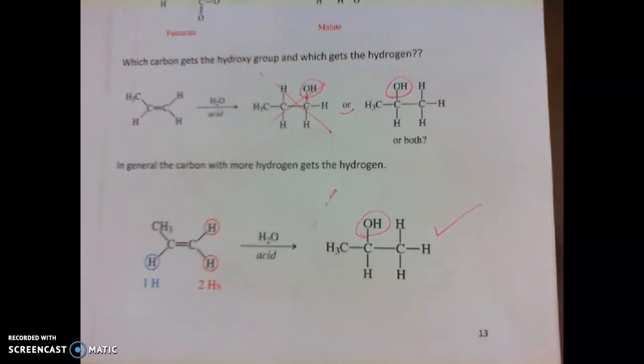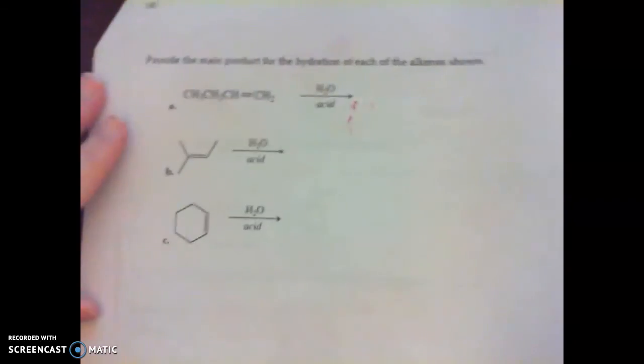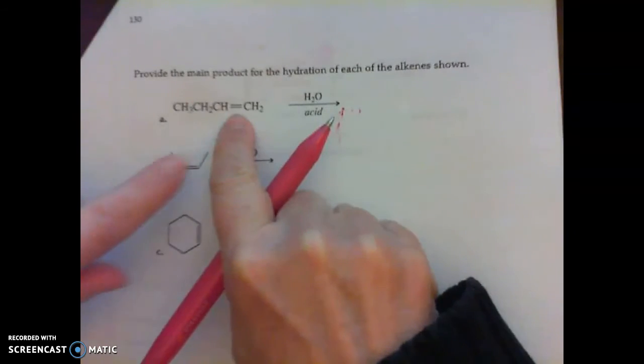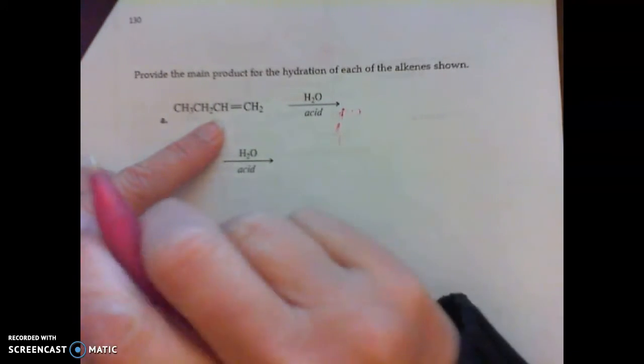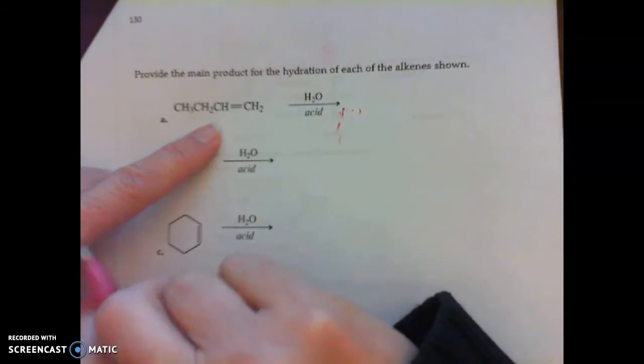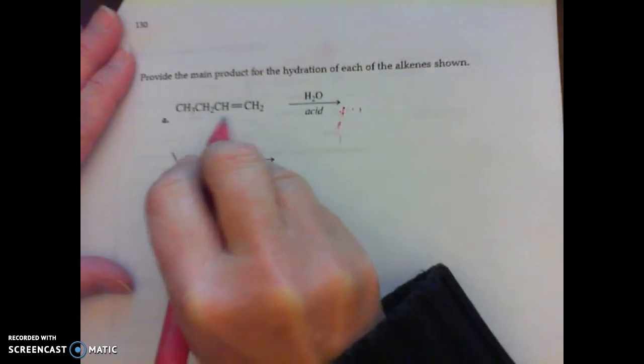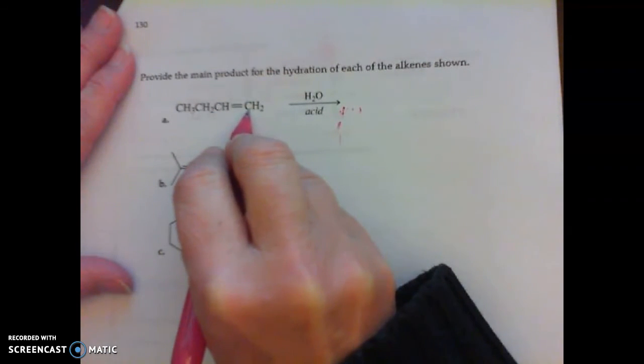So let's do some examples before I leave you. So here we're going to hydrate this. We're going to need to add a hydrogen to one side and a hydroxy to the other. The hydrogen is going to want to go on the side with more hydrogens. So this carbon has 1 hydrogen, and this carbon has 2 hydrogens.